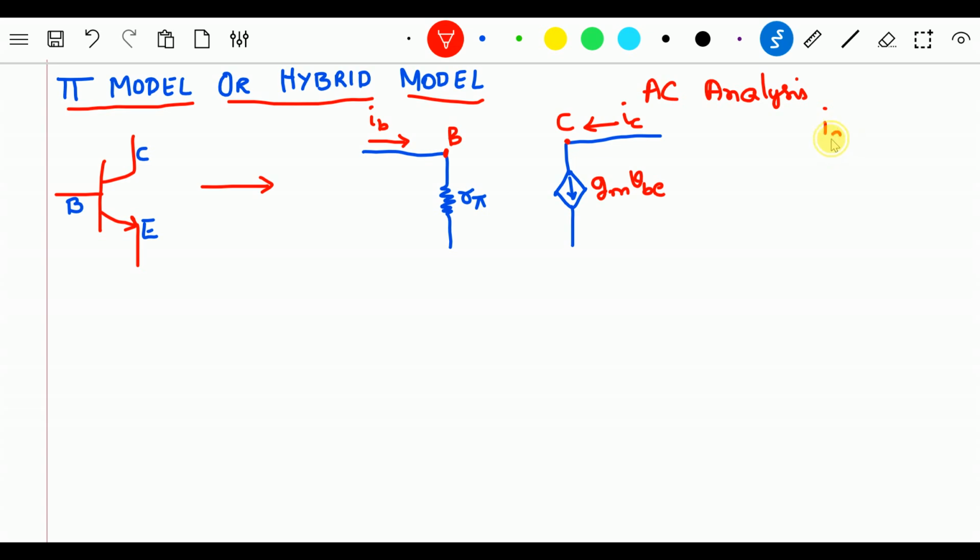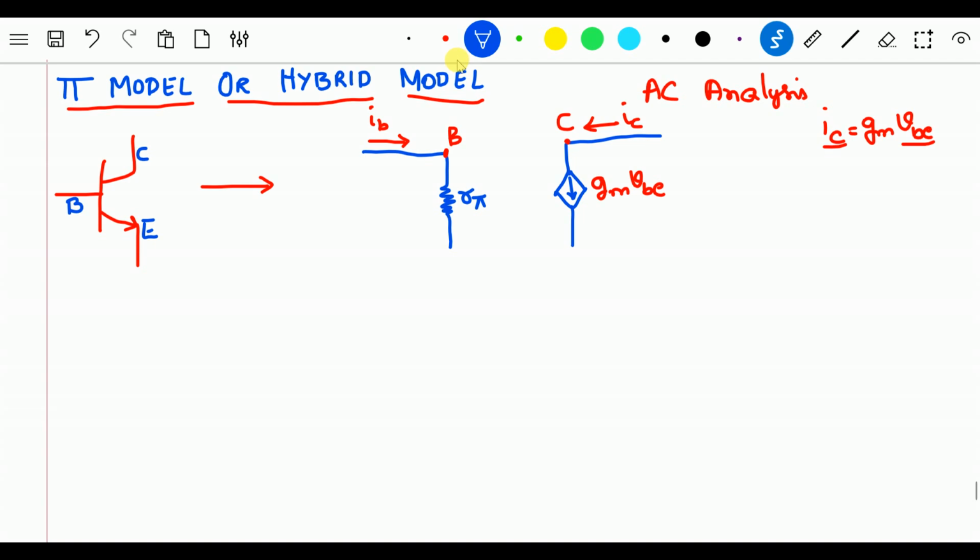Can you say that the collector current IC is completely dependent on the base emitter voltage? Therefore, if I represent IC at the collector terminal, I should definitely use a dependent source symbol, because your collector current is dependent on the base emitter voltage VBE. That is the reason you have a dependent source at the collector terminal.